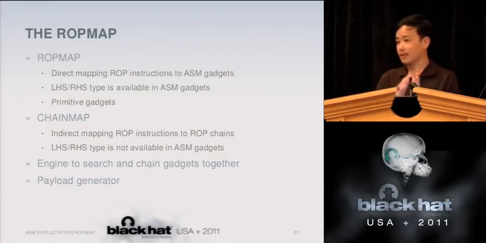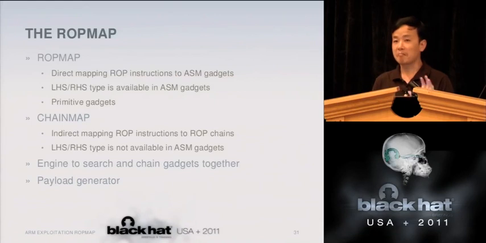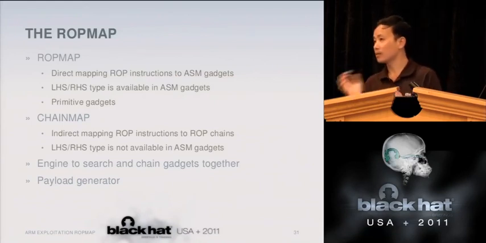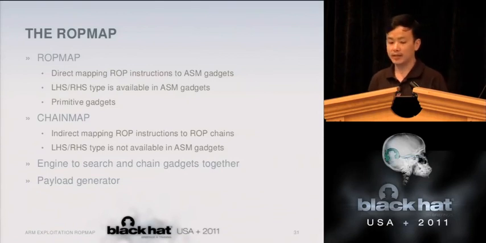So we will have a complete map from a ROP instruction to assembly gadgets or to other ROP instructions. Then we define an engine to search and chain gadgets together based on the map.